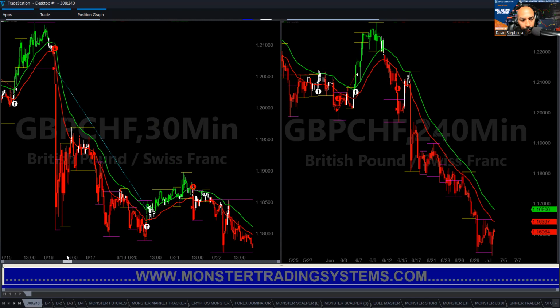That helps your patience if you can understand the expected time limit. When they come out of the distribution phase or the accumulation phase and start the markup or the markdown, take those time limits into consideration. You're going to get those waves of pullbacks and retracements.